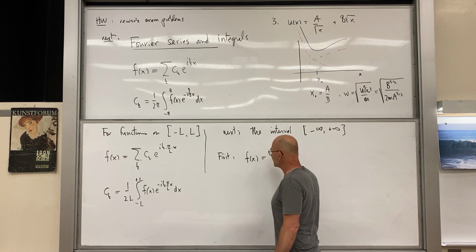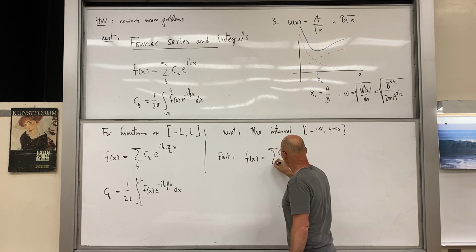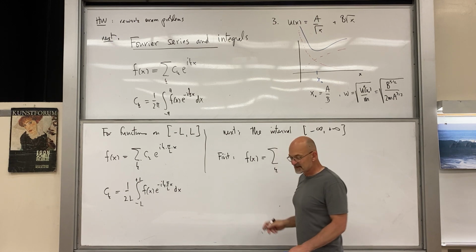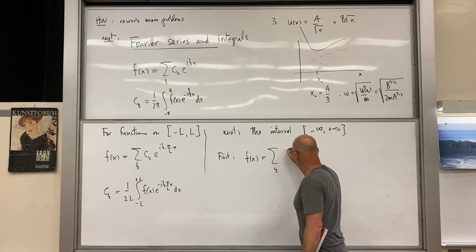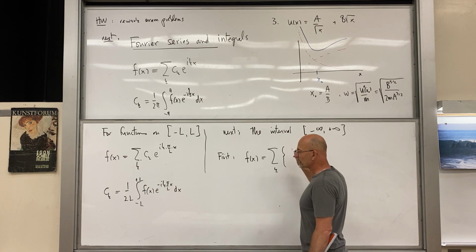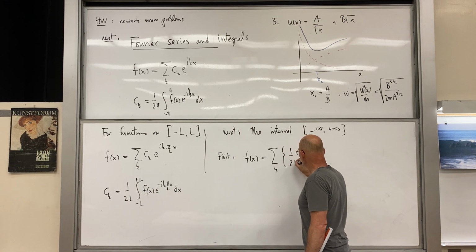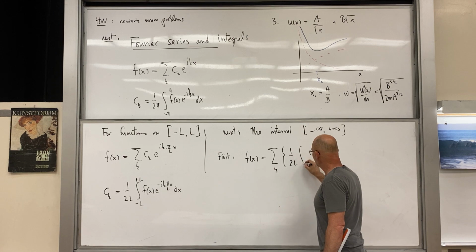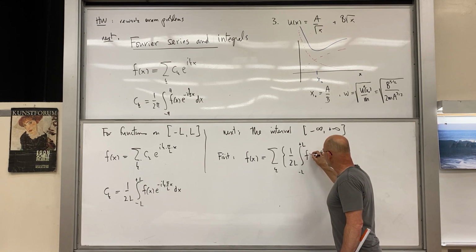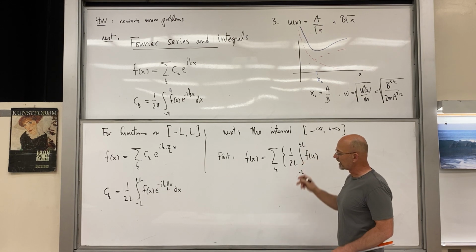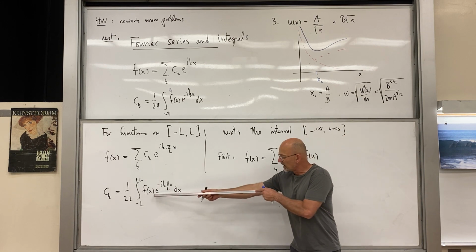So we've got f of x equals a sum over k. Now the c sub k, I'm going to plug in, and I'll put a little bracket around it: 1 over 2L, integral from minus L to positive L, f of u. Okay, I'm going to change the name of the variable. We're just integrating over x.